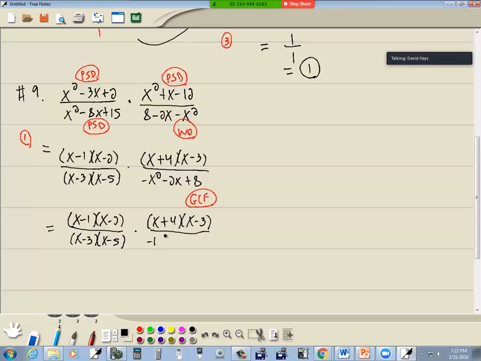Okay, so I factor out a negative 1, and that gives us x squared plus 2x minus 8. Remember, when you factor out a negative, it flips the sign of everything. And now what's inside the parentheses would be the PSD.